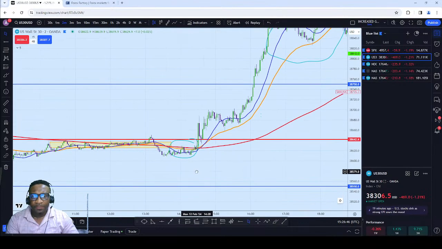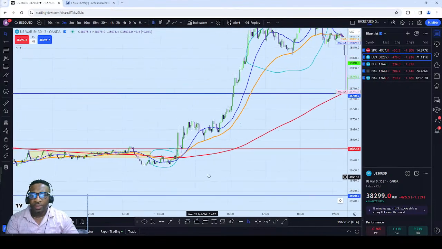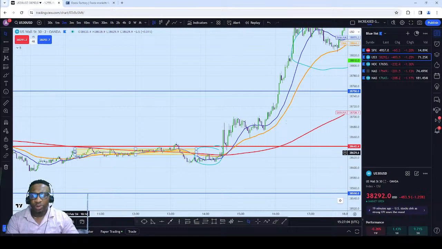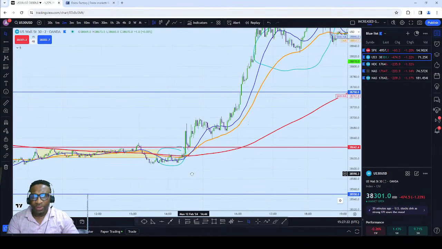But price, before it went up, pulled down, forming a small area of consolidation or trading range, then began to push up. As I said, if after a consolidation or trading range price is going up, it will normally pull down below the area of consolidation, as it did here, before it pops up, going in the direction that it wants to go.